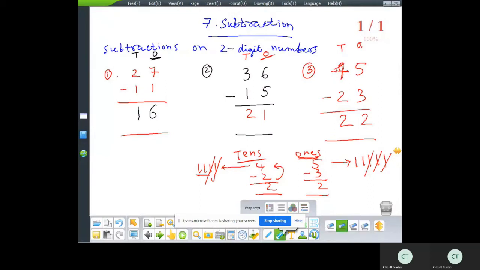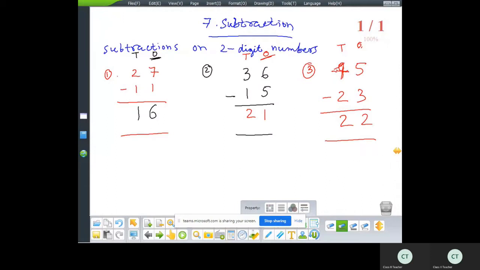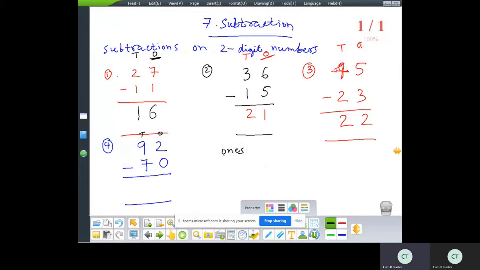Now, question number 4. 92 minus 70. Write place values, ones and tens. Now, subtracting on ones.